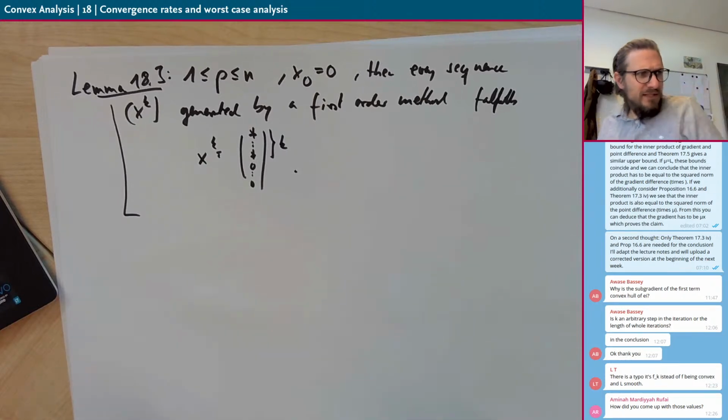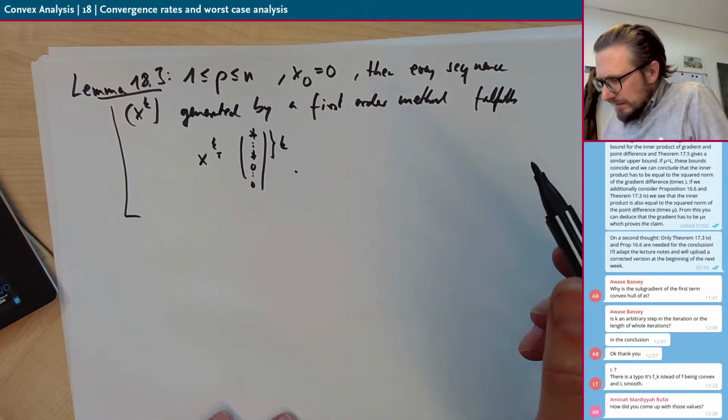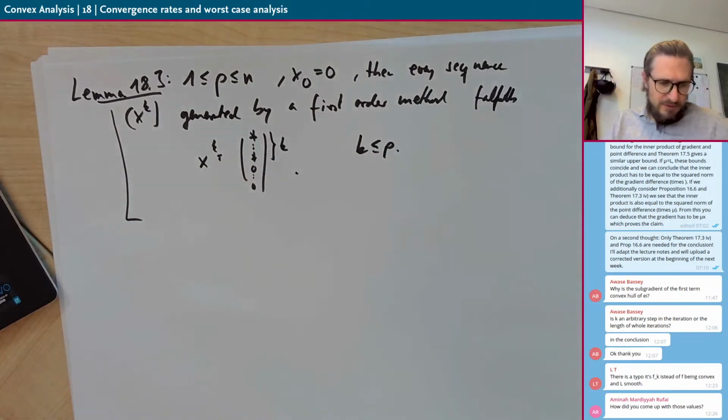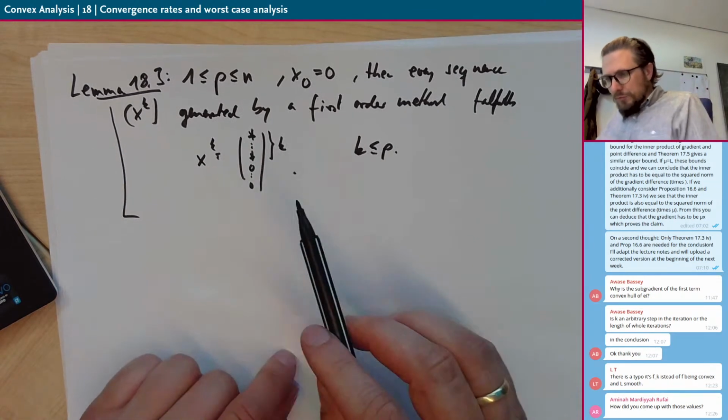So there's something missing here. We need k smaller equal p. So up to that point.